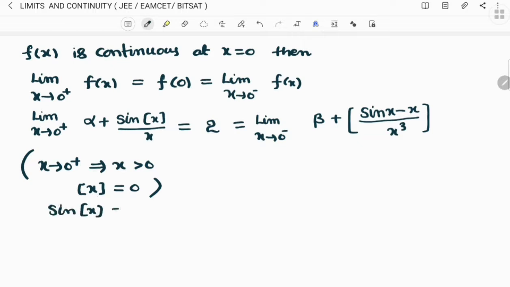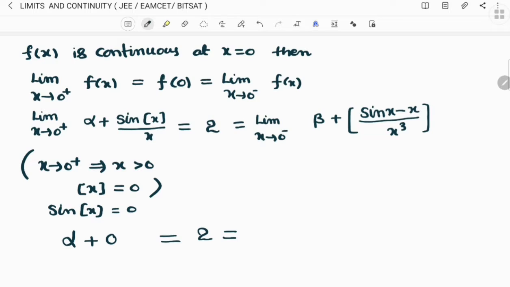Sin 0 is 0. So in the first limit, x tends to 0 plus, alpha plus sin step x by x value goes to alpha plus, limit x tends to 0 plus, alpha is alpha. In place of sin step x, 0 by anything is 0. So alpha plus 0 which is equal to 2.